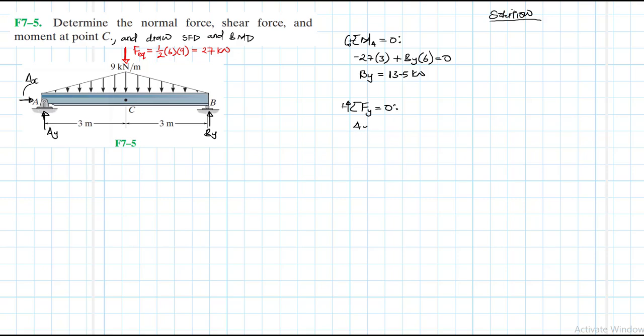You have AY plus BY minus 27 equal to 0. Since we already found what BY is, let's find AY. AY is just going to be equal to 27 minus 13.5, and it is still 13.5.